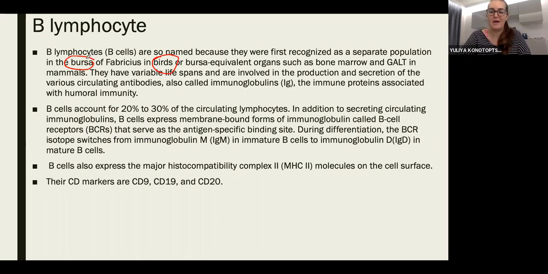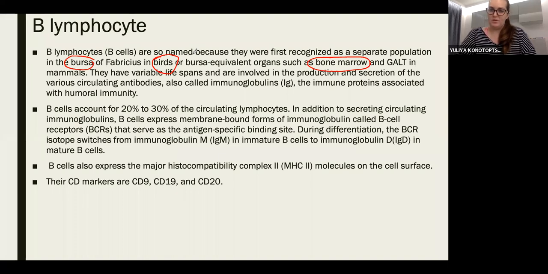Bursa is bone marrow. But then they realized that our own bone marrow also has B lymphocytes, okay? So the reason we call it B lymphocytes is because that's the place they are born. If T lymphocytes are born in the thymus, B lymphocytes are born in the bone marrow.